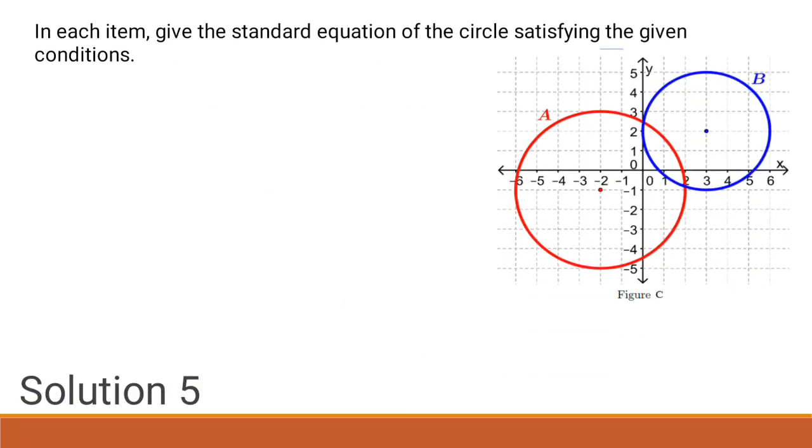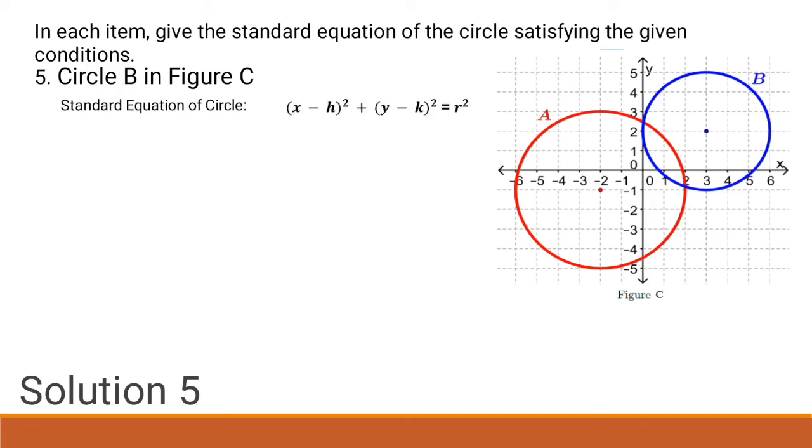For our problem number 5, circle B in figure C. We focus here on the blue circle. Now, if you will notice, our center is given by (3, 2). It represents h = 3 and k = 2. And you can count for our radius. Our radius is r = 3.